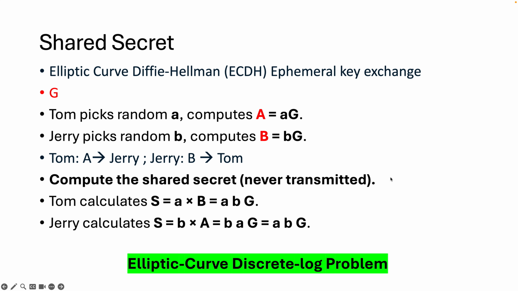So even if a hacker sees big G, big A, big B, he still does not know little a and little b.